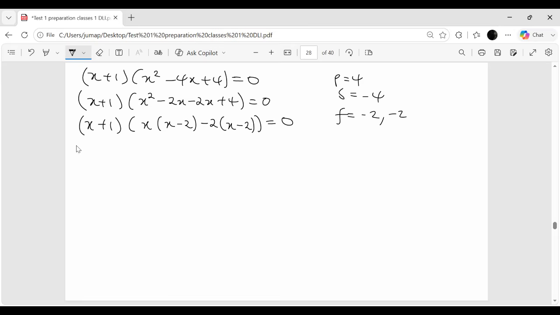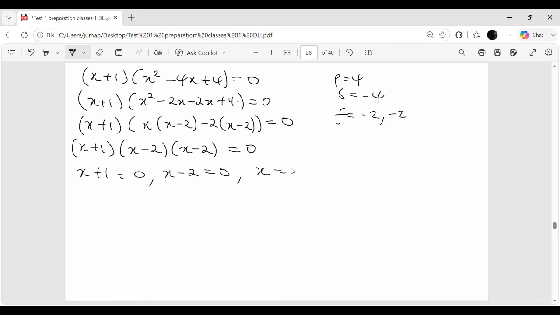As a result, this is going to be x plus 1, then you get what is outside here, x minus 2. Again, what is inside, you just get 1, which is x minus 2 equals 0. As a result, x plus 1 equals 0, x minus 2 equals 0, x minus 2 equals 0. Then x equals negative 1, x equals 2, and x equals 2. Are we together?